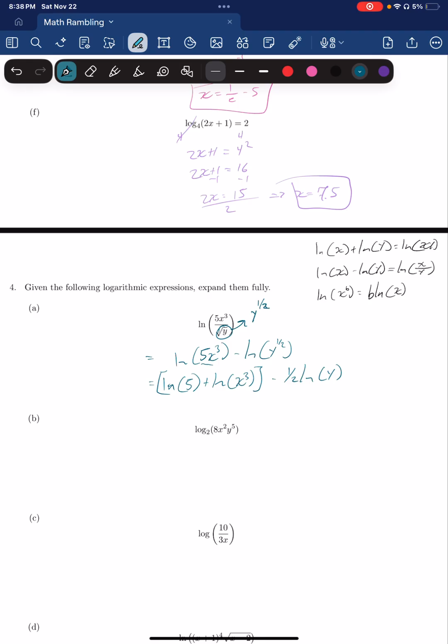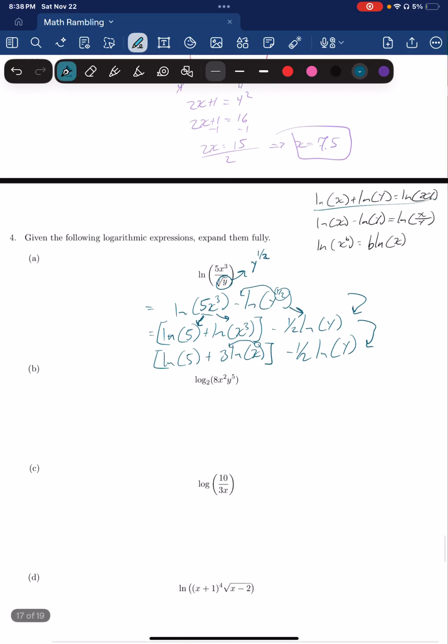All right, and now we can take out this, so ln of 5 plus 3 ln of x minus 1/2 ln of y. I hope you followed these steps here between these two places. So first, I split this up into addition because you can split multiplication into addition. And then here I brought out the power into the front. And here I also did that.